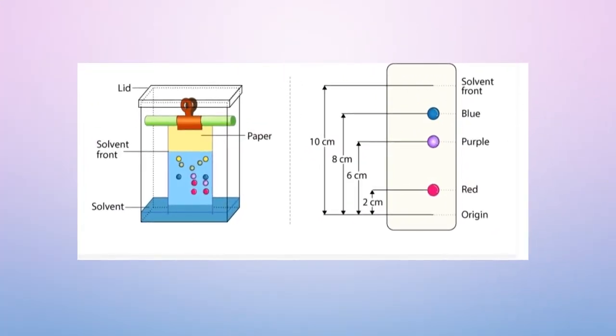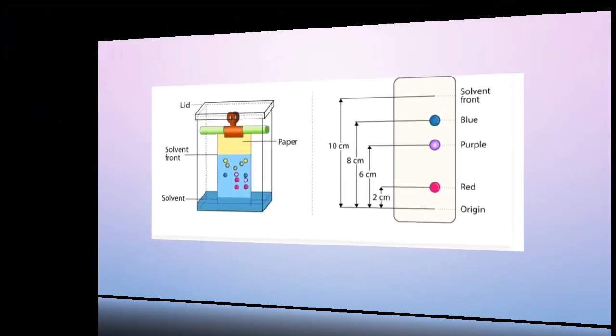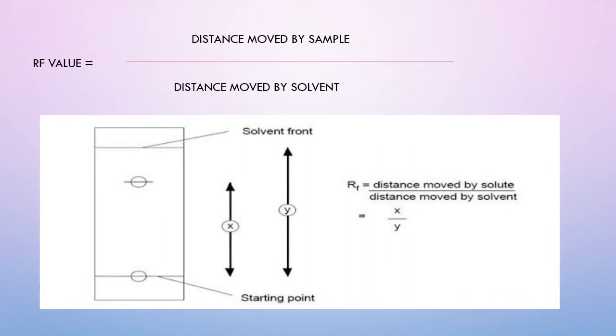Here is an example of paper chromatography, the separation of the sample with the help of the mobile phase and the stationary phase. Here the red color is separated, purple and blue colors are separated, and these solutes are separated at different distances. Then there is the RF value.